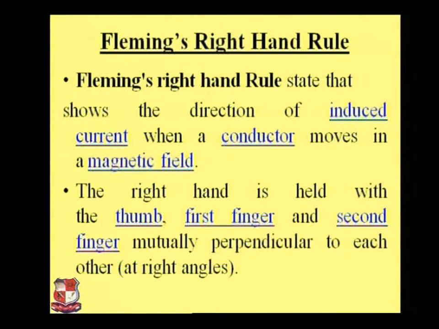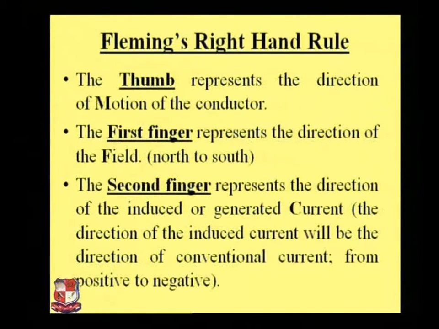The right hand is held so that the thumb, the first finger and the second finger are mutually perpendicular to each other. The thumb represents the direction of the motion of the conductor.